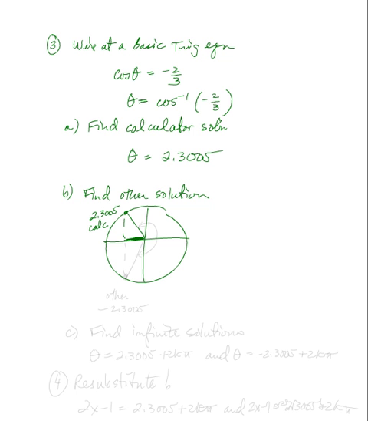Now you have to find the other solution over here. If this was the calculator solution, this is your other solution, so it's negative 2.3005. Now, infinite solutions.